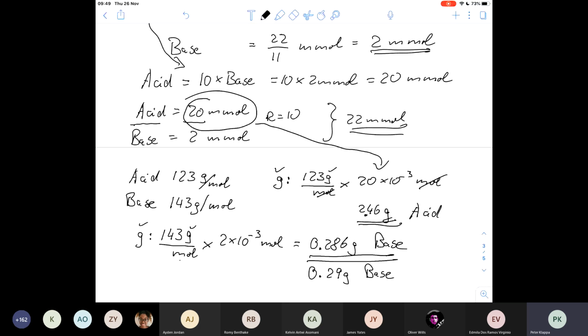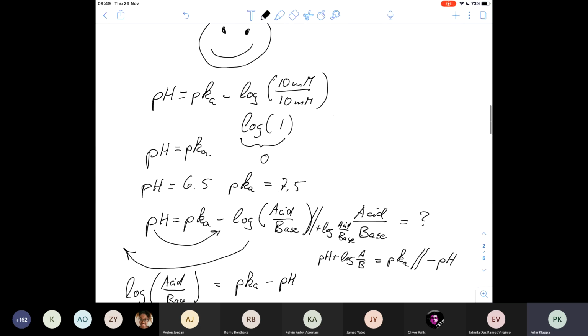But what you can do is, if the masses of the acid and the base are reasonably close together, you see that we need roughly 10 times more acid than base. And that was totally in line with our prediction from step 1.